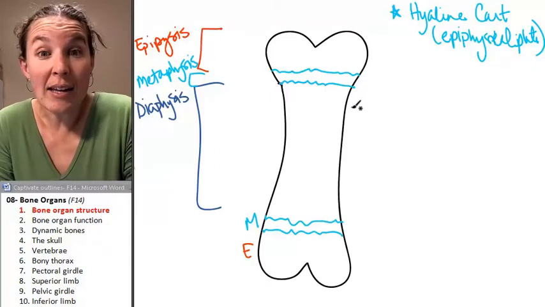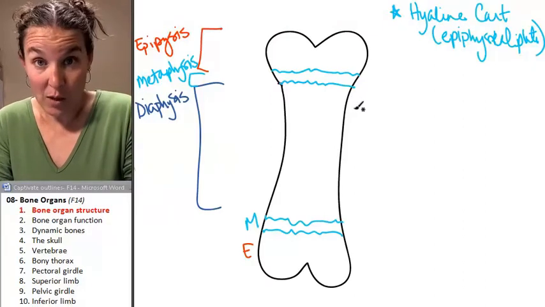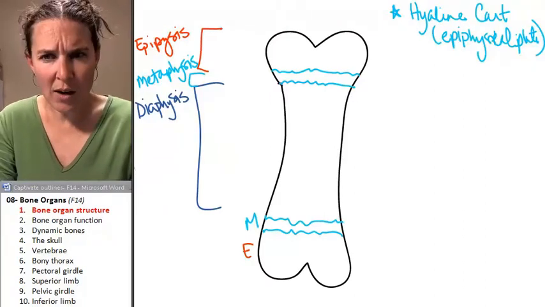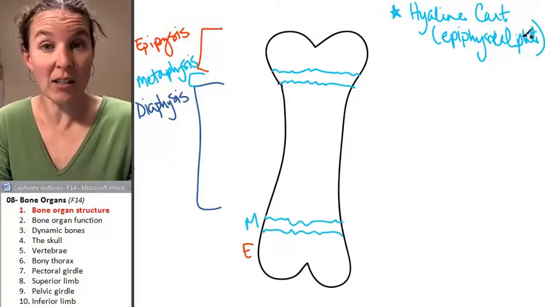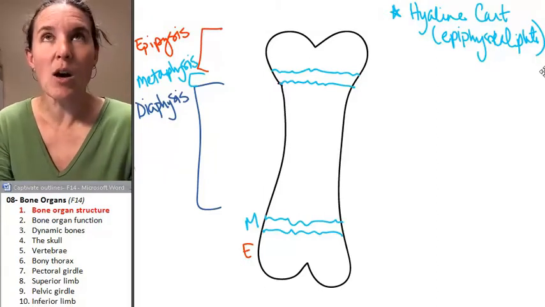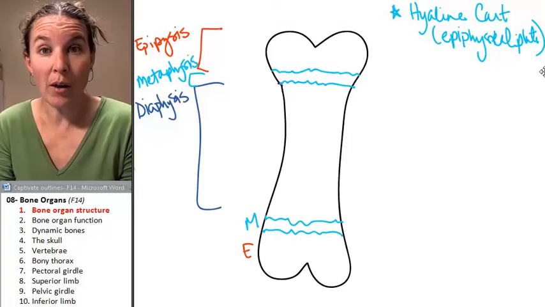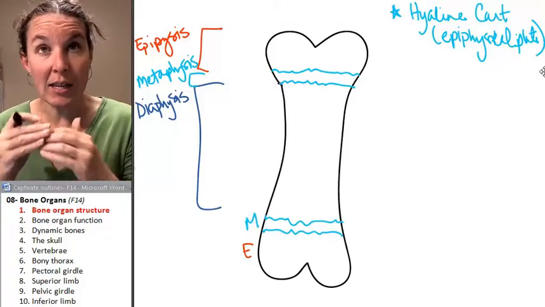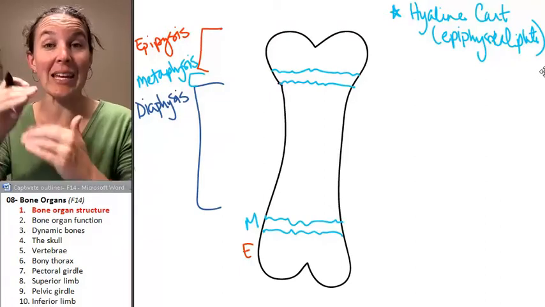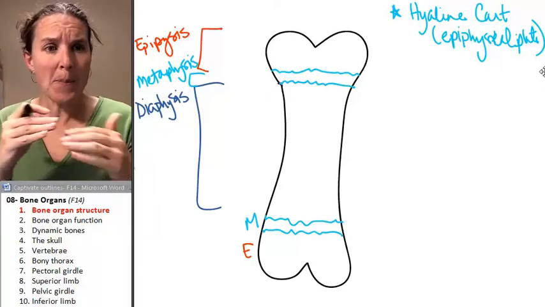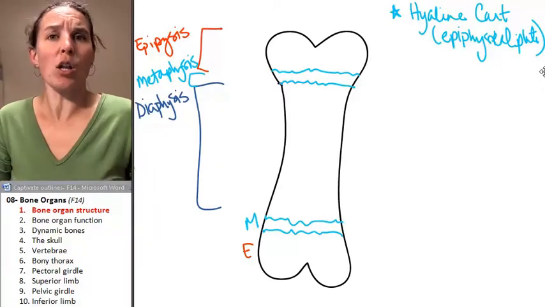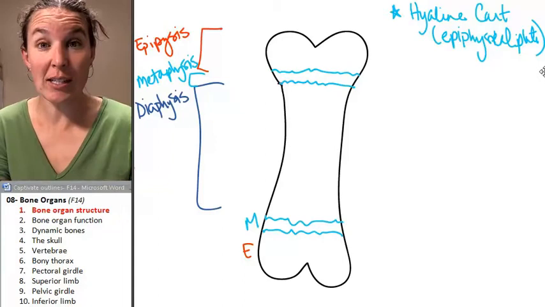Now let's look at some tissues that we're going to find in our long bone. We already have one place where we find hyaline cartilage, and that's the epiphyseal plate. Hopefully we already know that the epiphyseal plate is where lengthening of a bone occurs, but the epiphyseal plate closes, and eventually it gets taken over by bone.